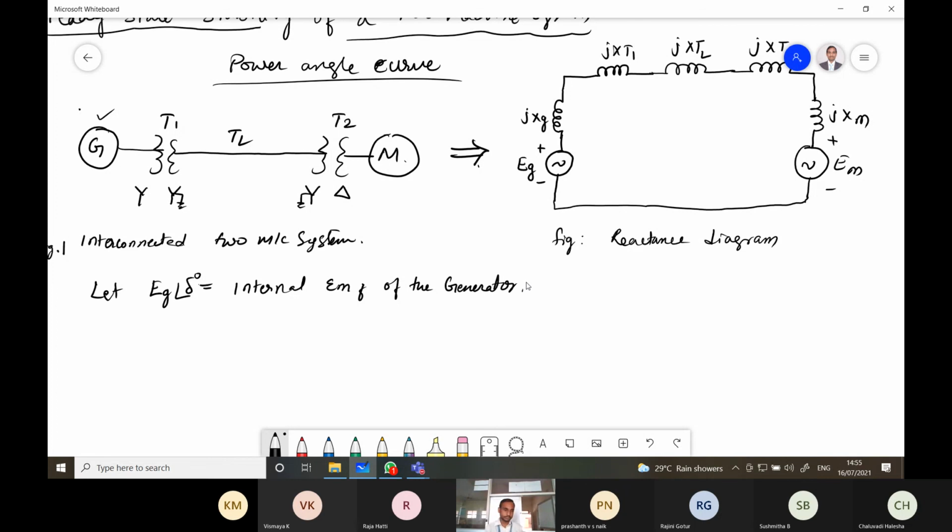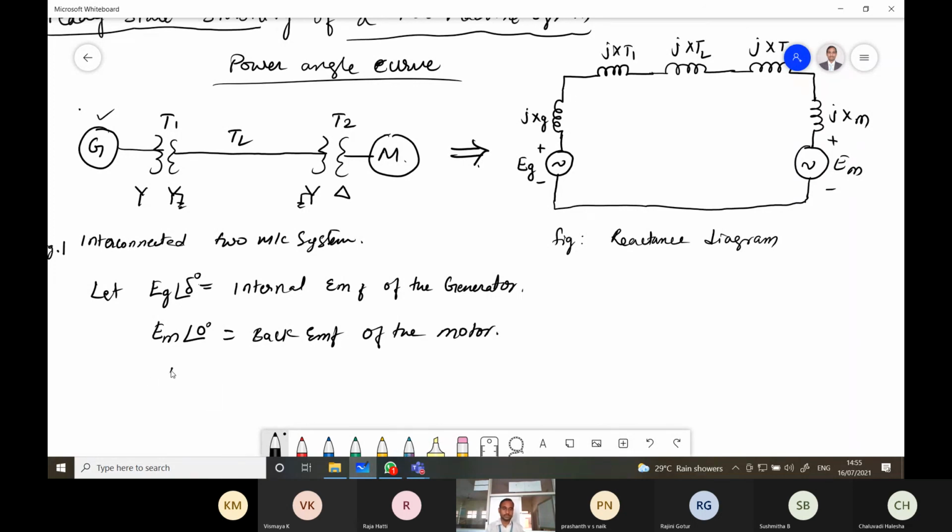Next we will consider another EMF source, that is called EM, that is the motor voltage with a 0 degree angle at the receiving end. So that is the back EMF produced in the motor.